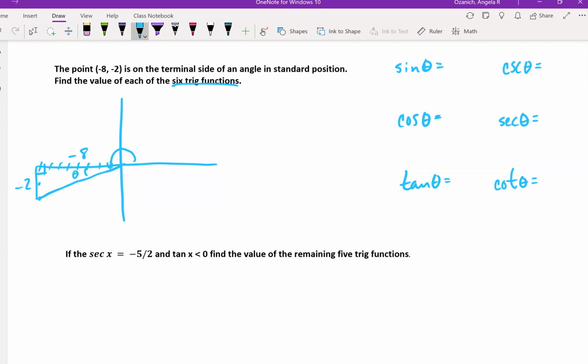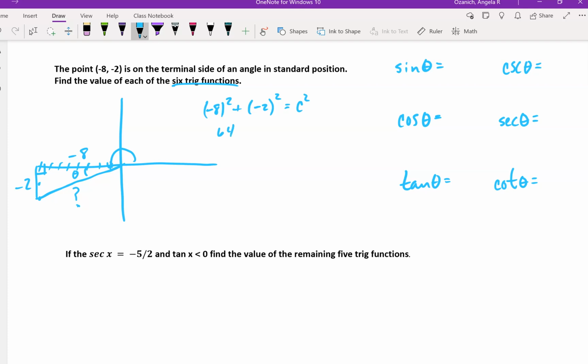But remember, on a problem like this, how we're going to get started is we are going to find this hypotenuse, okay? (-8, -2) is going to be in the third quadrant, so the tangent is going to be positive, but your sine and your cosine functions are both going to be negative, all right? So essentially what we're doing is we're going to square our -8, square our -2, and find, we'll just call it c squared for the hypotenuse.